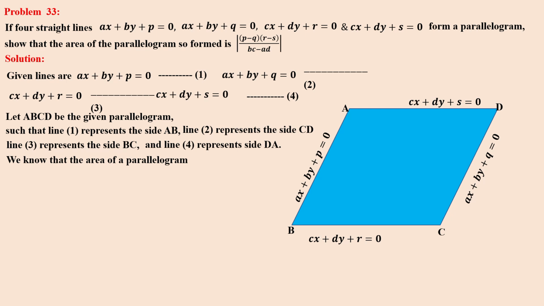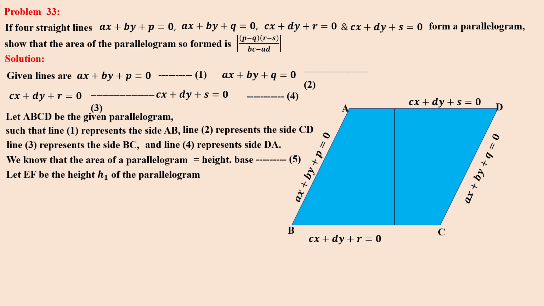We know that the area of the parallelogram is equal to height into base, that is equation number 5. Let EF be the height h1 of the parallelogram. So we are taking the vertical height, so let it be EF, that is h1, right?